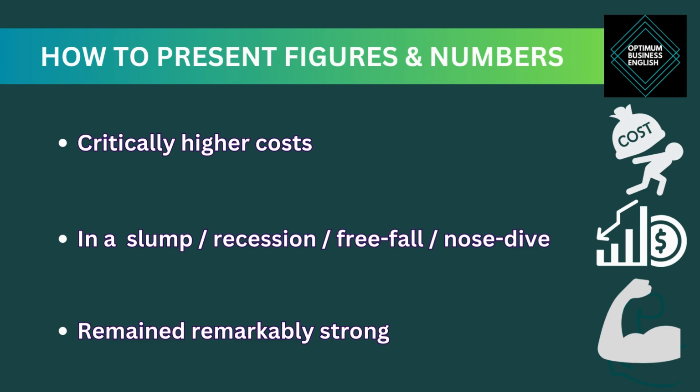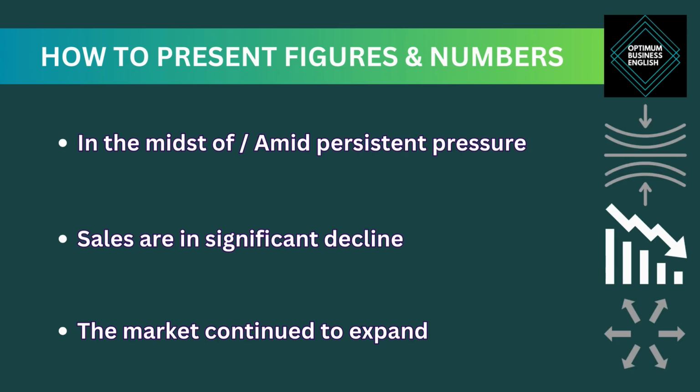Suffering under critically higher costs, they were forced to cut or retrench staff. Sales were in a slump during COVID. Their local currency remained remarkably strong despite the global recession. In the midst of persistent pressure, the local currency collapsed. Global sales are in significant decline.